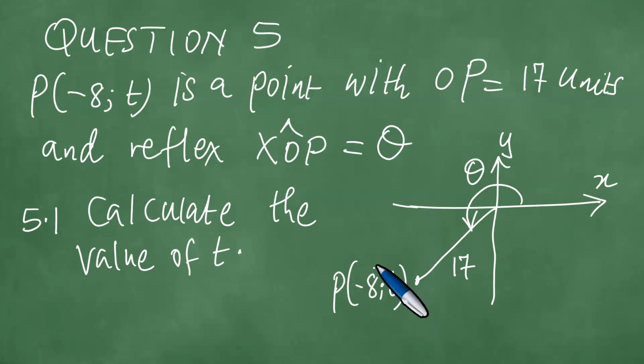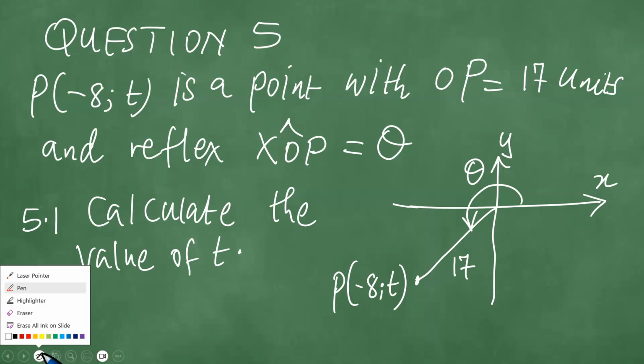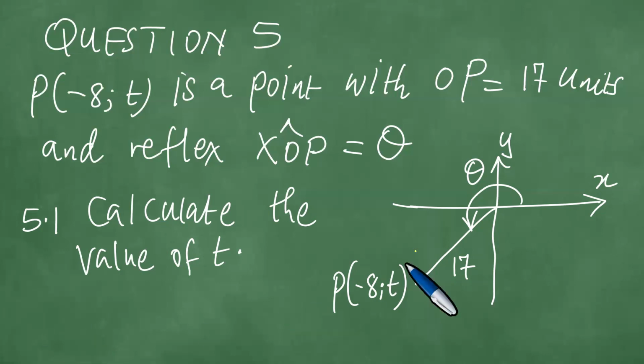Okay, I want to find the value of t, and to find the value of t, there are a couple of things you need to consider. We can perform a construction as usual. Right, perform a construction like this, we're able to see our x and our y. And we're able to note that our x is -8 and our y is t. So that in the end, to find the value of t, we use what we call Pythagoras theorem.